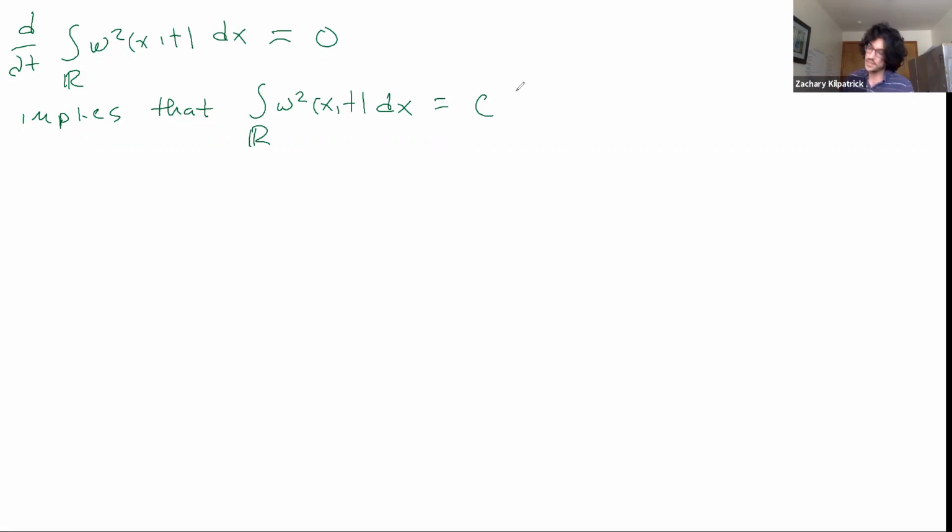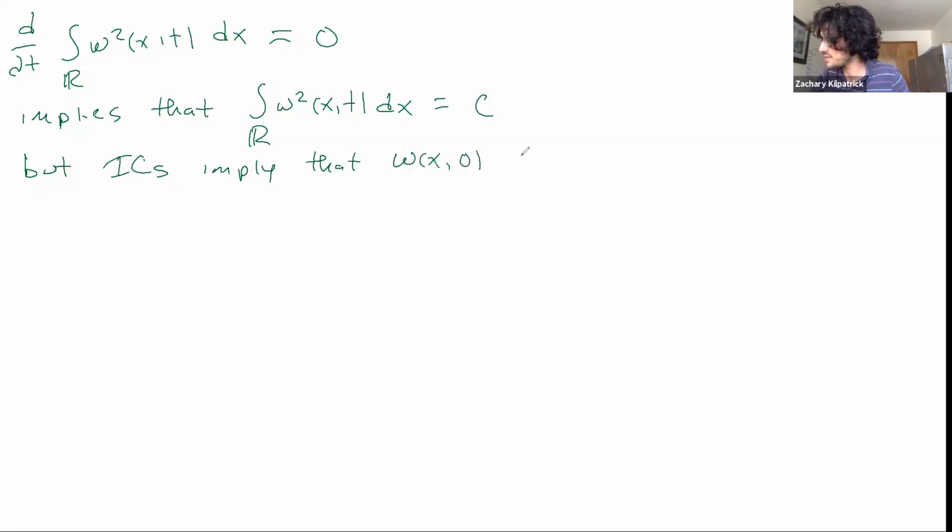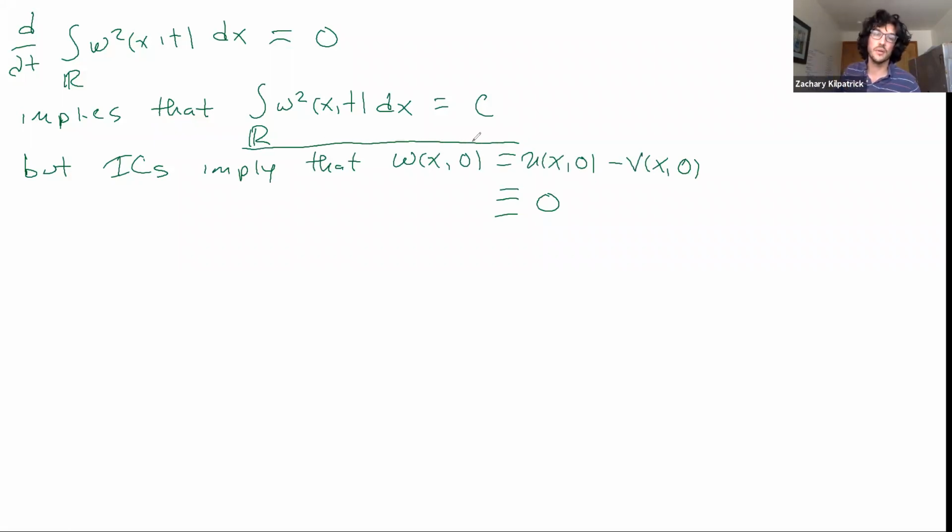But we know that the initial conditions imply that W of (x,0) is equal to u of (x,0) minus v of (x,0), and this is equivalent to 0, okay? So the only constant this could possibly equal is 0, okay? Because it has to be satisfied at t equals 0, okay?